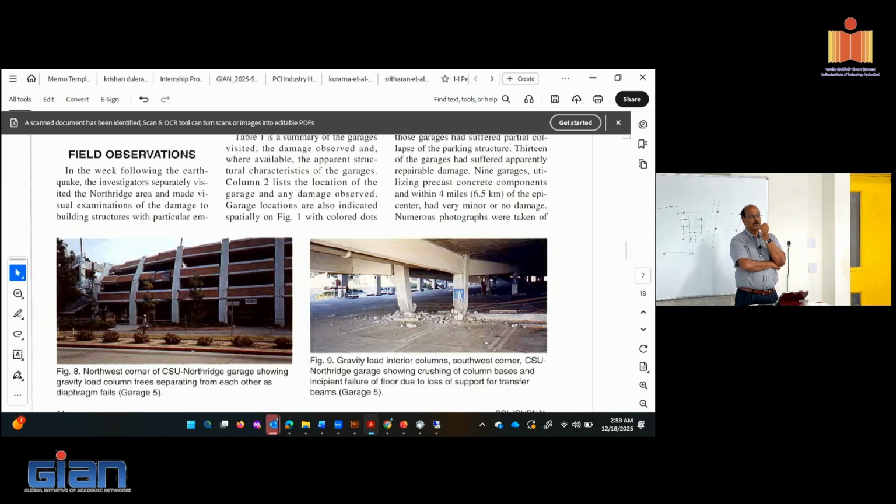If you do a proper design following the capacity design philosophy, then you may not have had the structure collapse. You would have formed plastic hinges and it would have shown some damaged areas, but it's very likely the structure would not have completely given up, right?